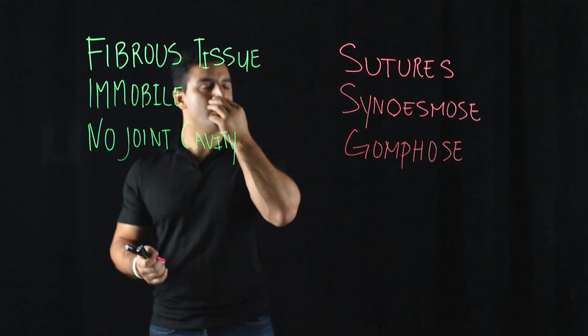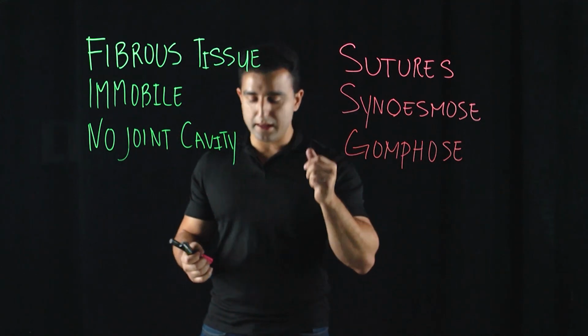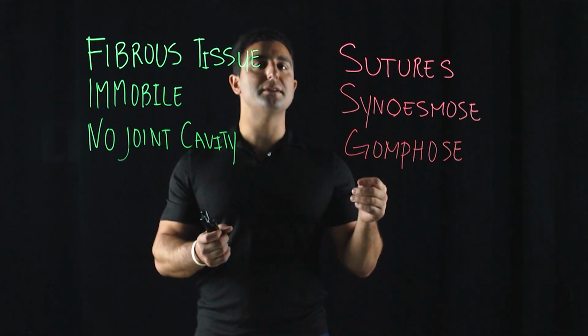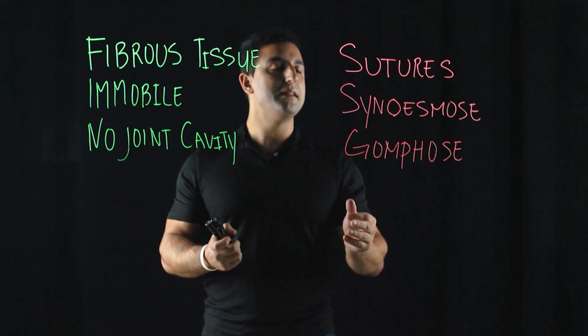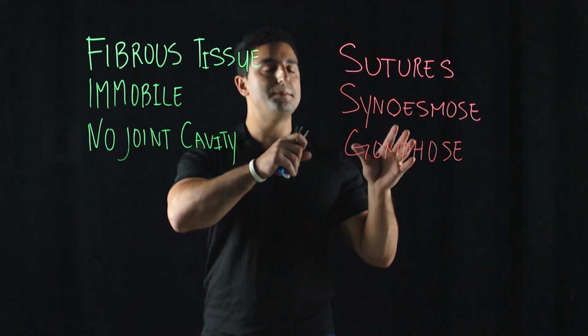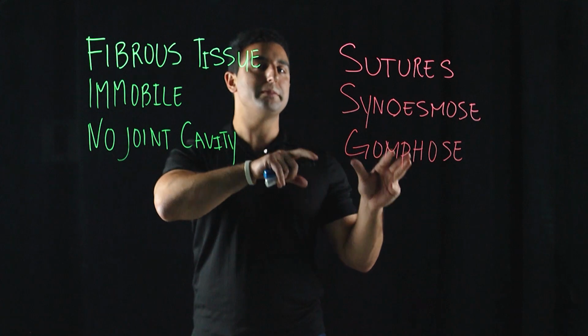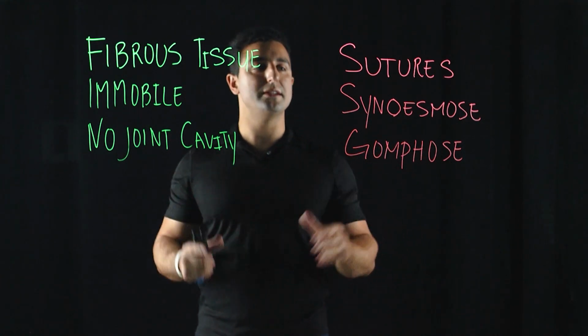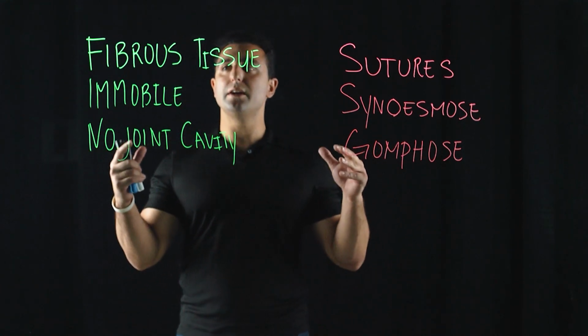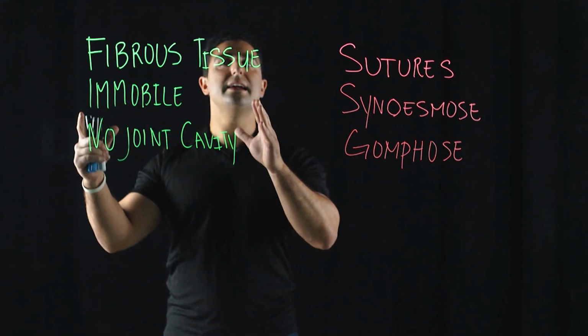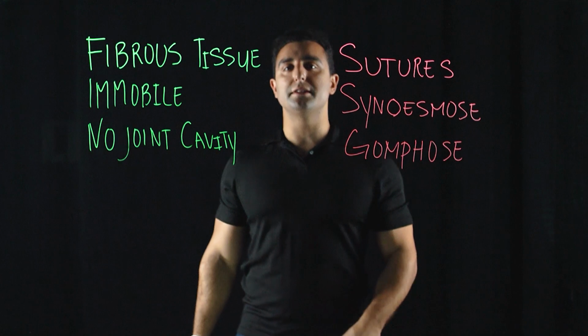So where do you find this? Specifically in your teeth. There is a high prevalence of, for example, periodontal ligaments that are composed of this. This specific type of fibrous tissue, when we look at the ligaments here, is referred to as periodontal ligaments. So here are some examples and also the different details of the fibrous joint.